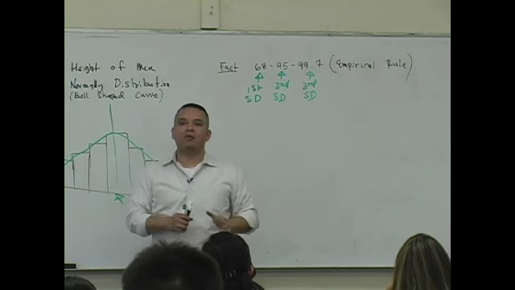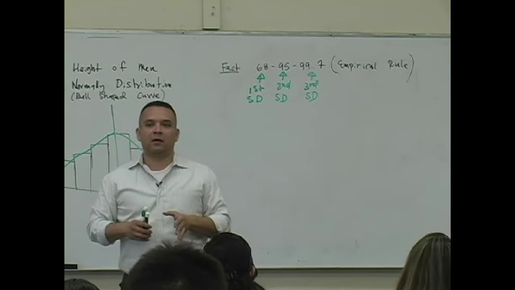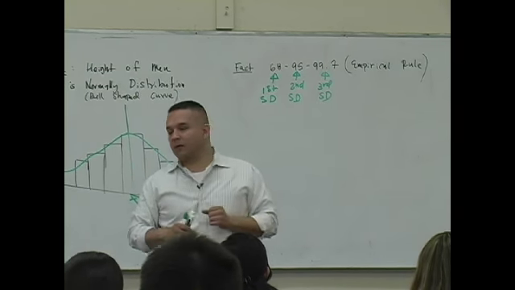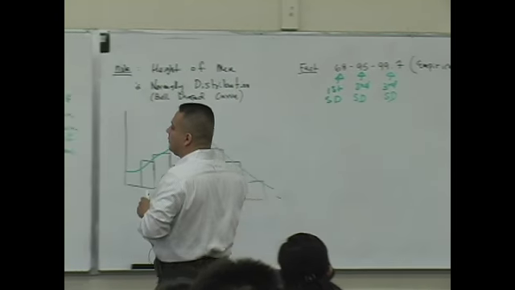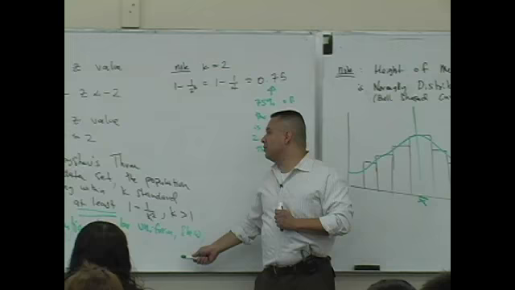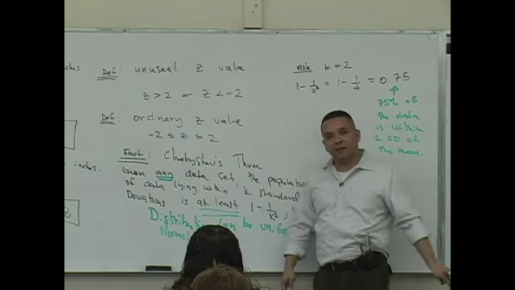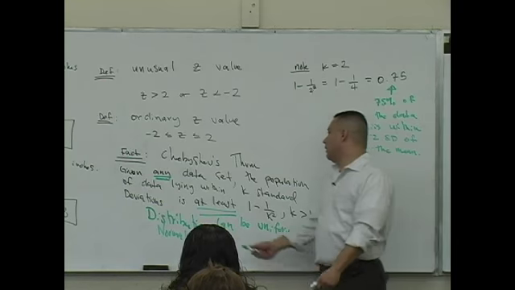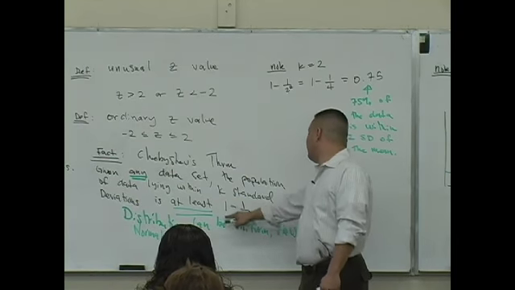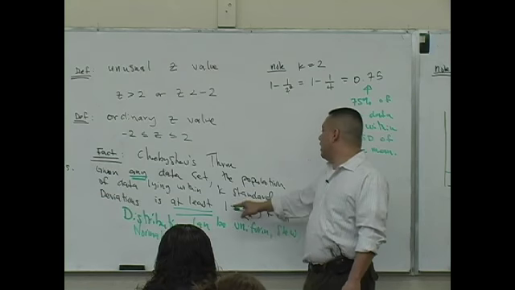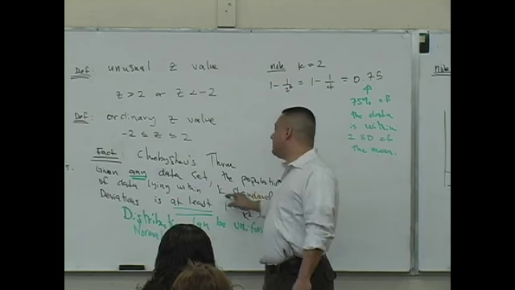So what I did was I showed you z-scores based on heights of men. Okay, we could have used a lot of other examples. And then I said, oh, by the way, we've got Chebyshev's theorem that states, given any data set, whether it's uniform, skewed, doesn't matter, or normal, the definition of 1 minus 1 over k squared tells you that your data will lie within k standard deviations.